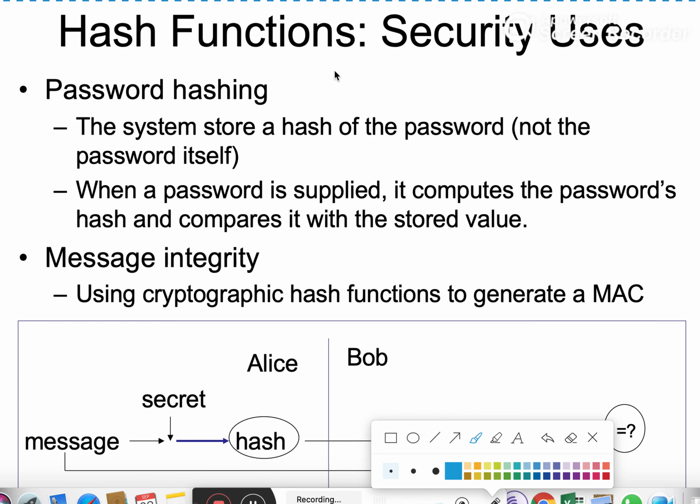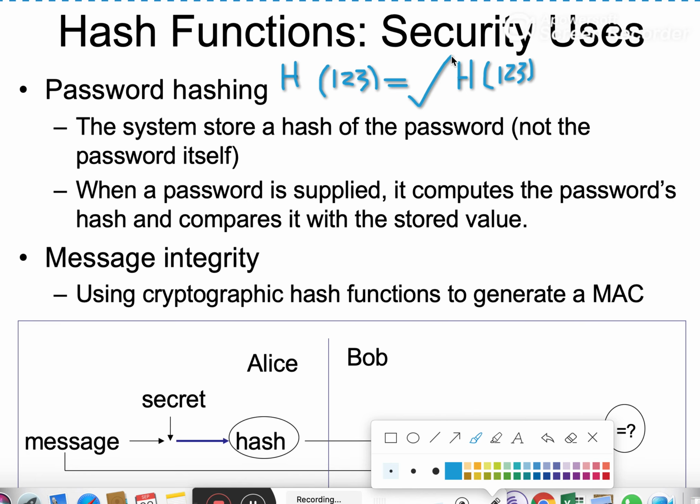Here a user comes and enters a password, like this is the password of the user. Now how will the system work? The system will calculate the hash of the user-entered password and compare it with the stored hash value in the database. If both are the same, then the user has been authenticated.